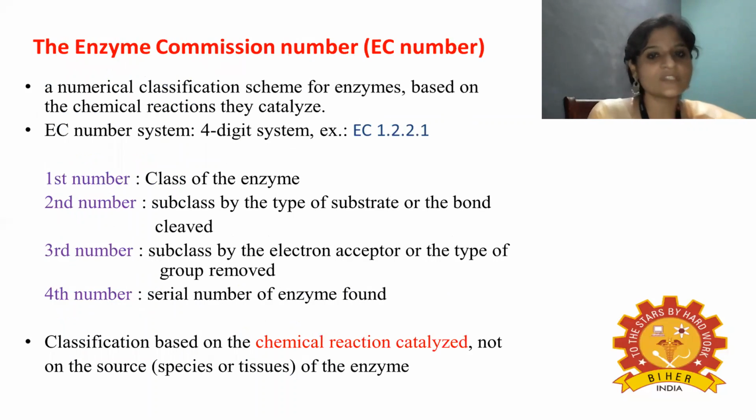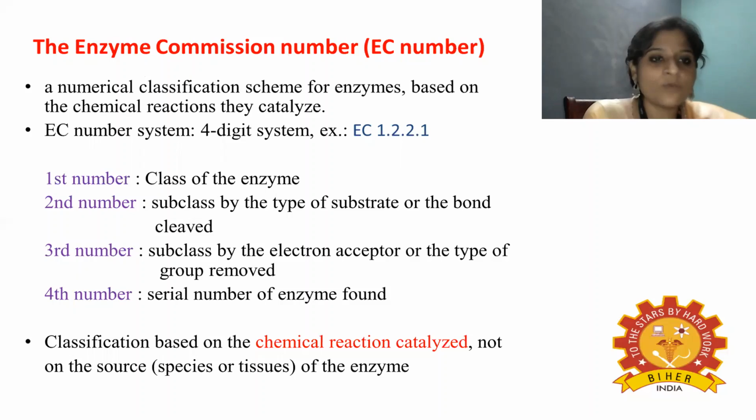So the enzyme commission number. So for each and every enzyme, this enzyme commission, they have given a unique number for each and every enzyme. A numerical classification scheme for enzymes based on the chemical reactions they catalyze. So based on the chemical reaction and the nature of the enzyme, so this enzyme commission have given a unique number for each and every enzyme.